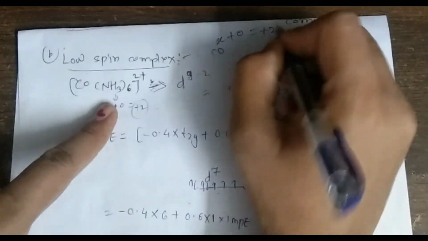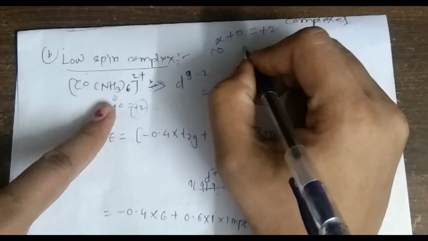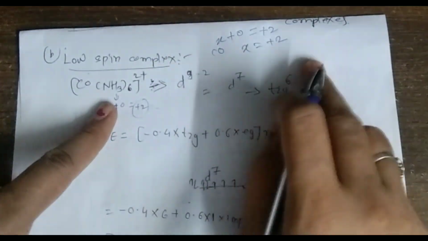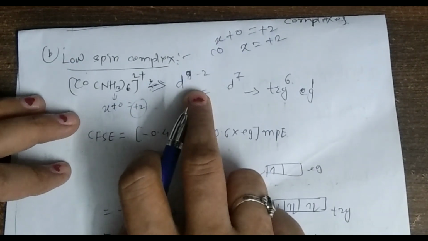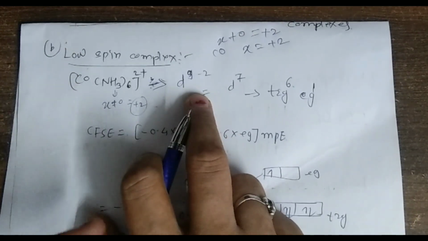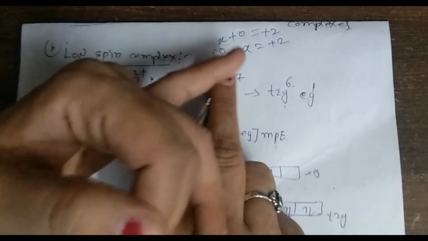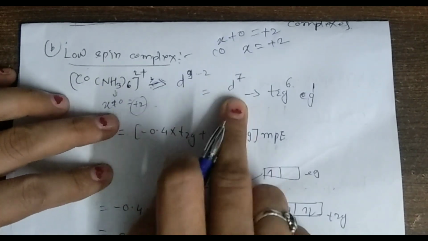After that, +2 is the overall oxidation state. So the oxidation state will be +2, and cobalt is a d9 atom, in which we have to subtract the oxidation state of the complex, so that it will be d7.